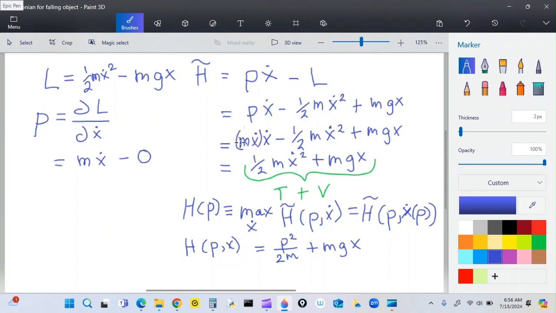That gives me m times x dot squared minus 1/2 m times x dot squared, which gives me 1/2 m x dot squared plus mgx. And that is the kinetic energy plus the potential energy. So the Hamiltonian gives me a sum of kinetic and potential energy.